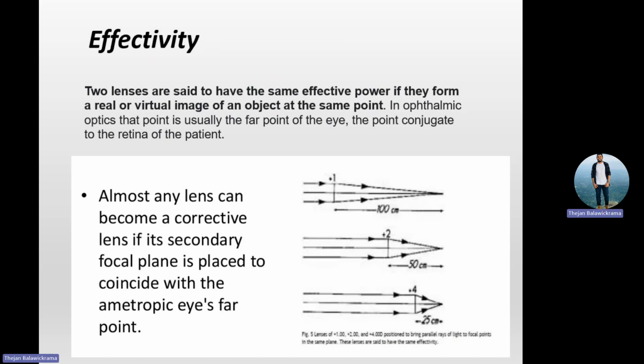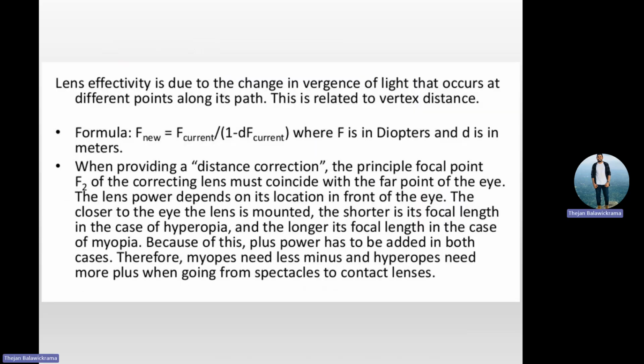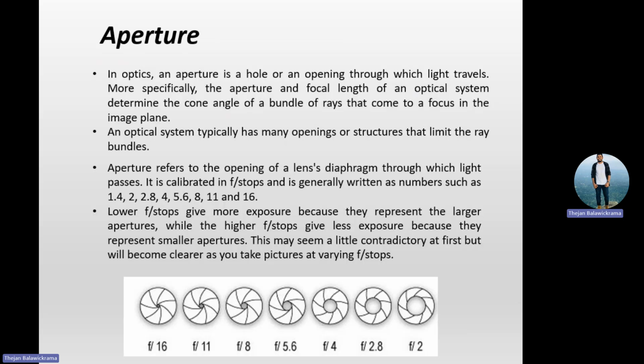Alright, so this is what I wanted to mention. A new formula. I'm talking about the aperture. What is an aperture? The amount that you change in the entrance, which is inbuilt in our human eye.